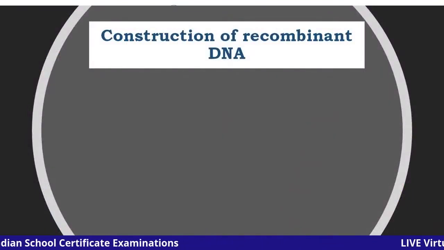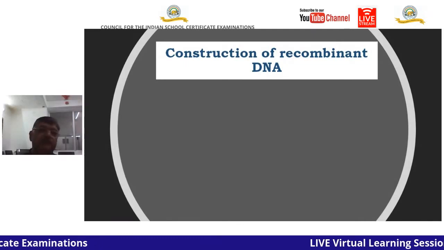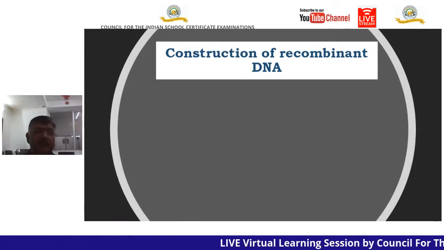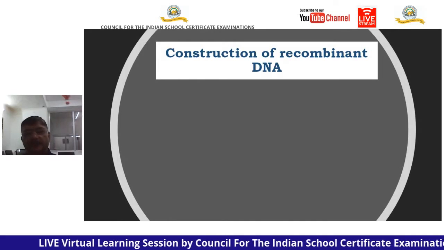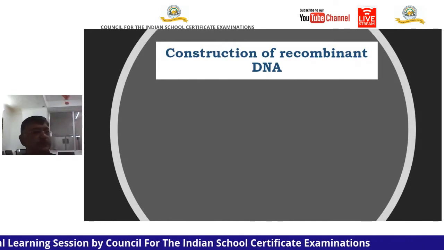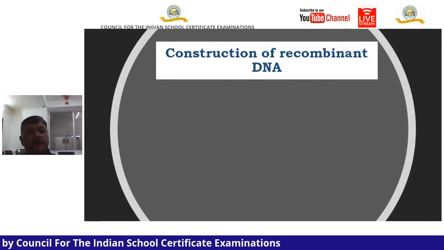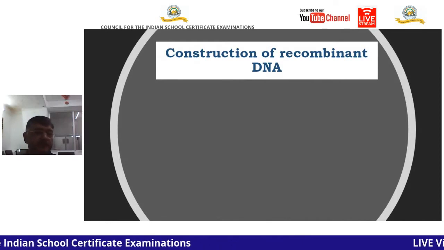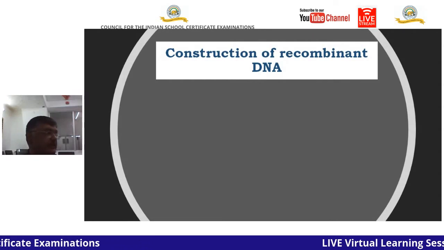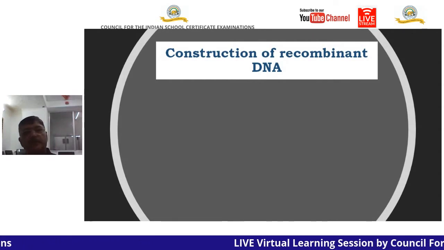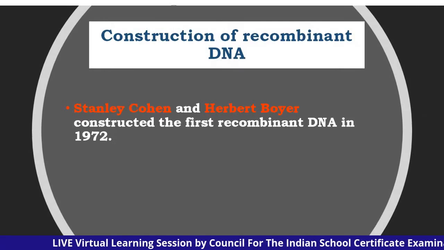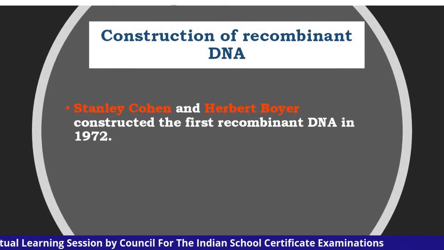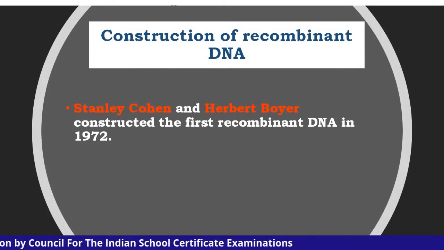Now that we have got the DNA, we have to join it with a foreign DNA to create a recombinant DNA. So what are the steps of construction of recombinant DNA? The recombinant DNA was first of all produced by Cohen and Boyer.